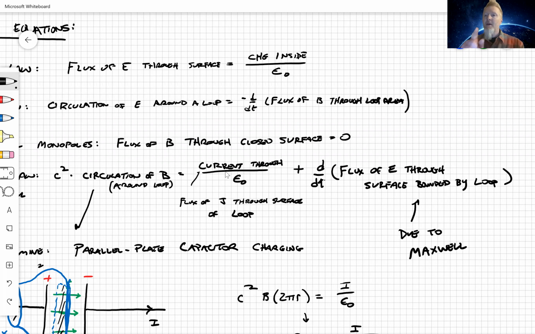Now, instead of looking at this loop, I'm going to look at the top view of it like this. And I'm going to look at a new loop, which is this way, right? Instead of having a loop this way, where I'm looking at the changing magnetic flux through the loop like this, I'm going to look now at a surface which goes like this on top of it. My sheet of charge, I just wiggled up and down. It changed the flux through here.